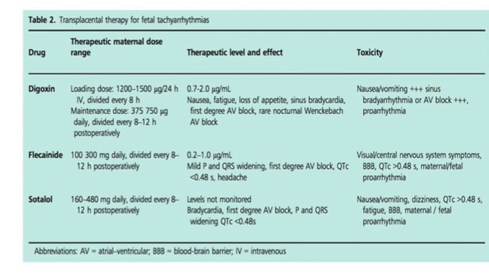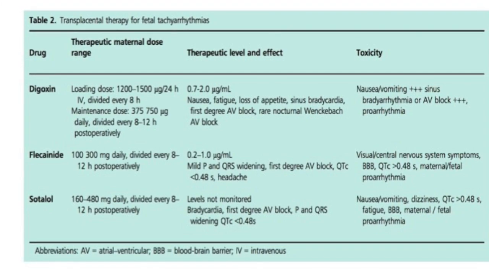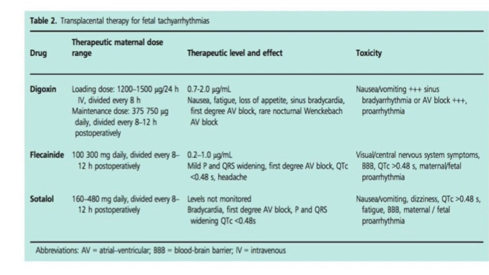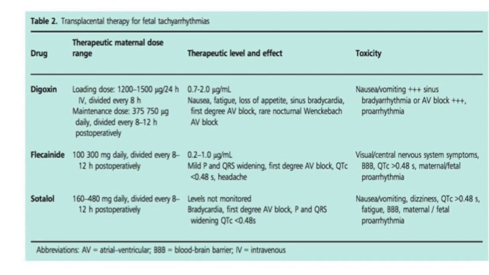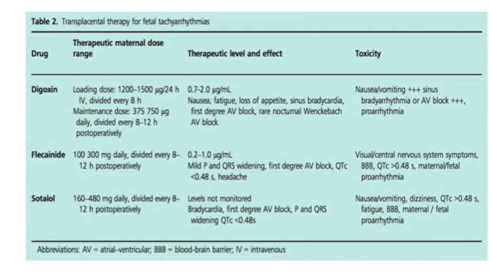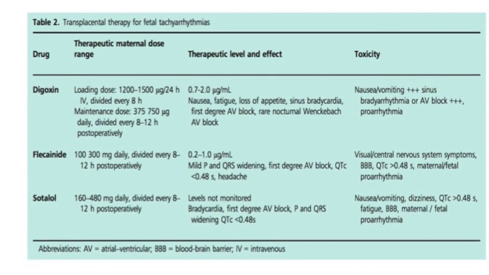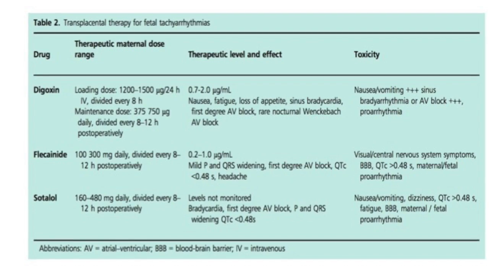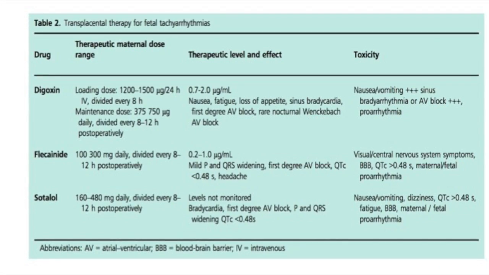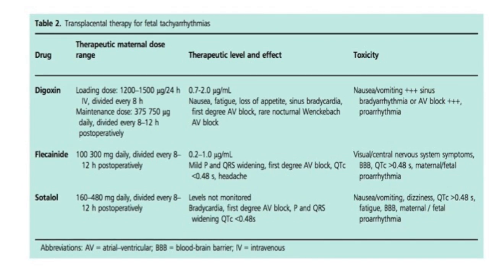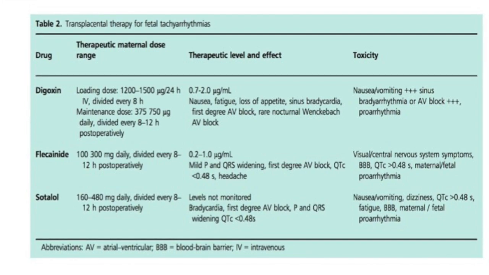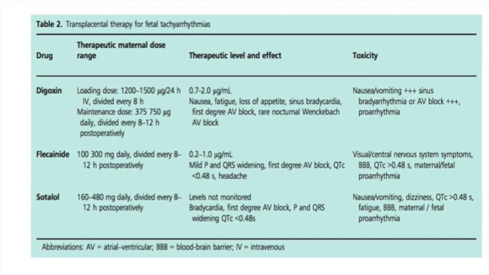Effects are mild P and QRS widening, first degree AV block, QTc interval less than 0.48 seconds, and headaches. Toxicity includes visual and central nervous system symptoms, bundle branch block, QTc interval of more than 0.48 seconds, maternal and fetal proarrhythmias.